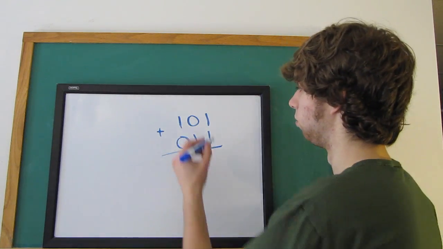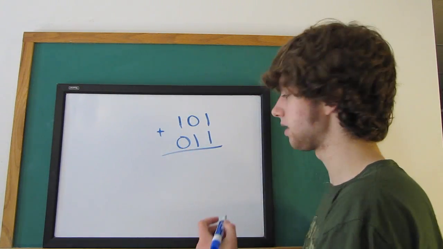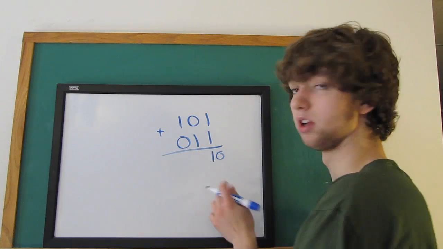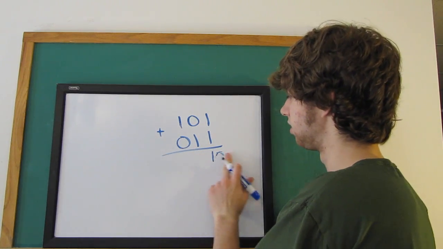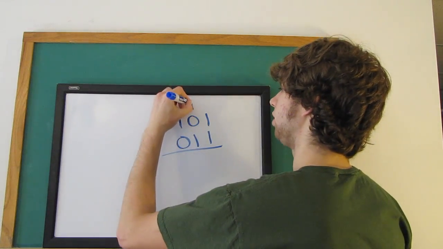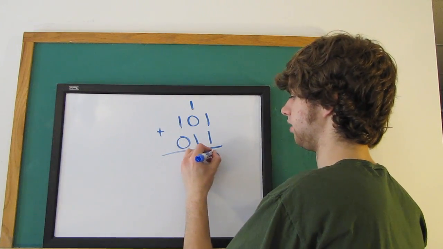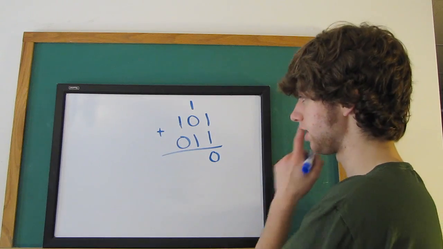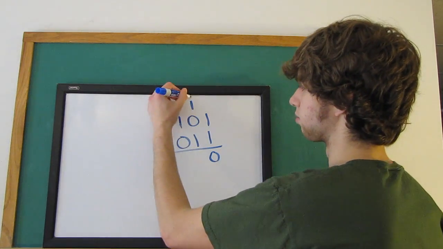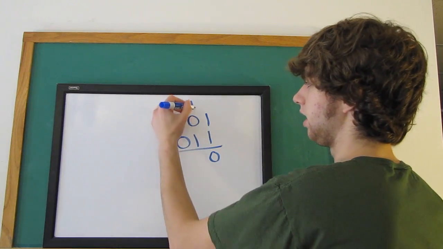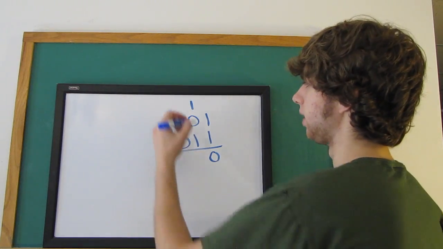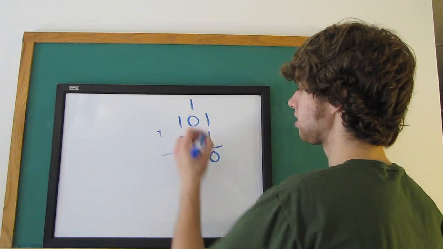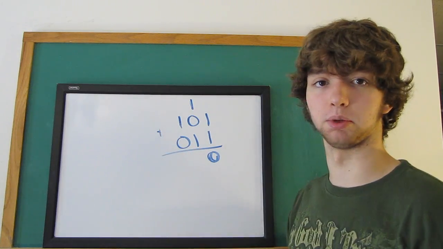Well, 1 plus 1, that's equal to 2, but we can't drag both of those down in one placeholder. What that means we need to do is place the 1 up here and the 0 down here. This is because this column right here is the 2's place. So in order to represent 2, we add a 1 to the 2's place and put a 0 in the 1's place.